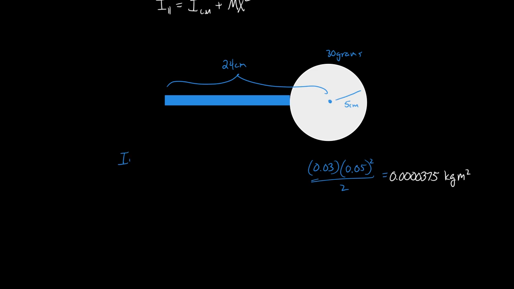So use the parallel axis theorem to find the new moment of inertia. And please do it like this. Just find the additional amount. Find the mx squared portion.